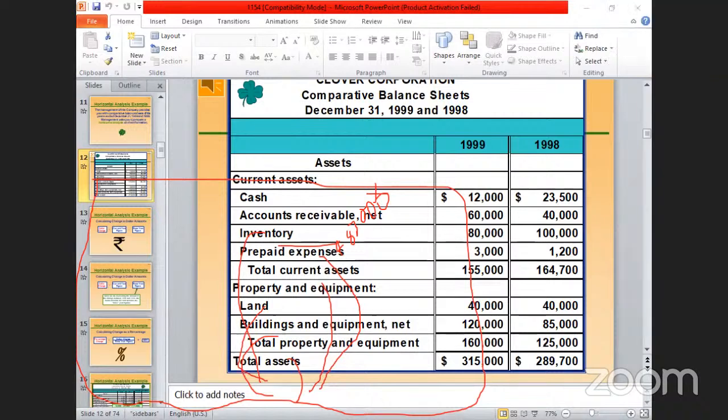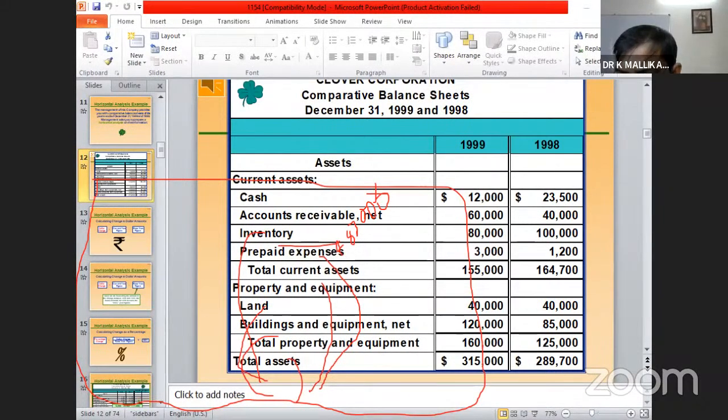82,000 divided by 4,83,000 into 100. You will get the 17%. 1,20,000 divided by 4,83,000 into 100. You will get 25%. 87,000 divided by 4,83,000 into 100. You will get the 18%.